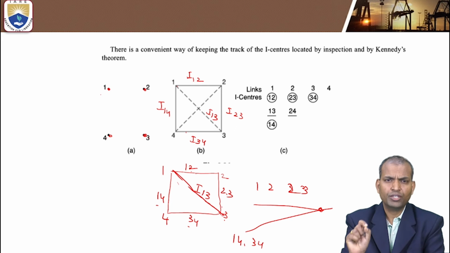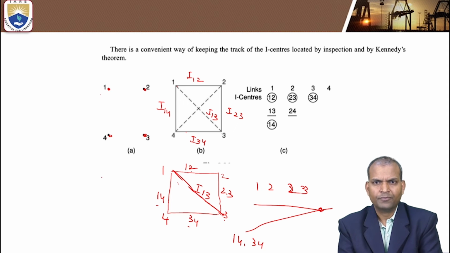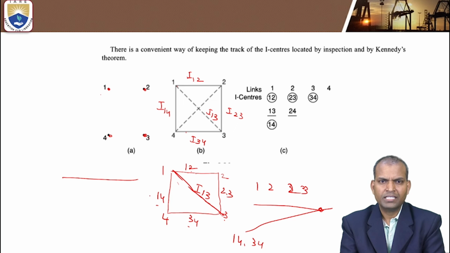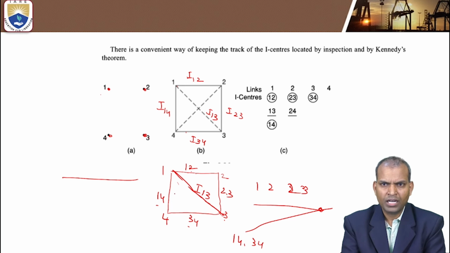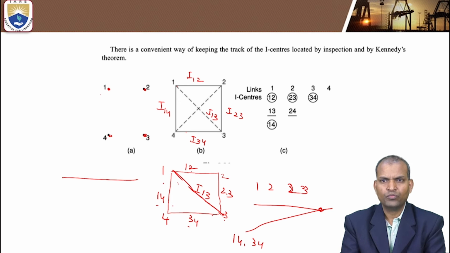But if we want to locate the point, we need both x and y coordinates to intersect at one point. We know that one line is 1,2 and 2,3. What about the other I center line? Now we are assuming that links 1, 4, 3 are rotating relative to each other. These three links' I centers also lie on a straight line. The I centers are 1,4 and 3,4.